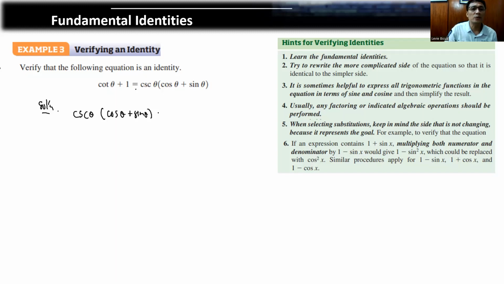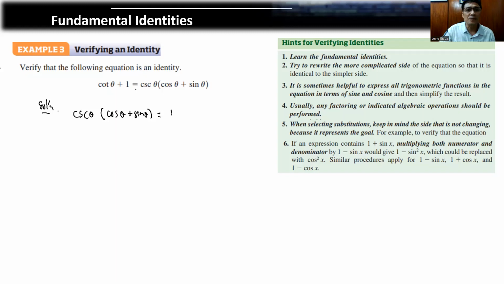So I'm going to start from here. And how do we simplify this? Well, we can multiply first cosecant theta to cosine theta plus sine theta.